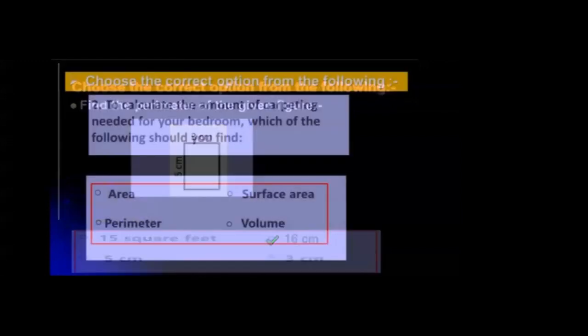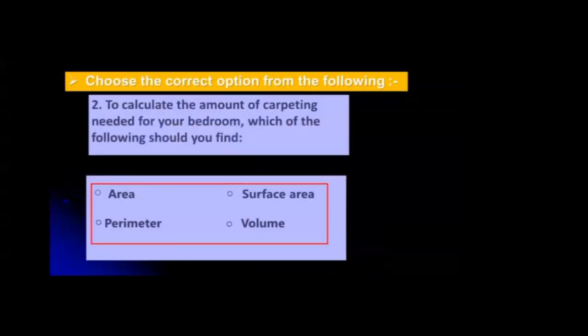Can any other child read the second question? To calculate the amount of carpeting, what should you find? See, if you want to do carpeting, what will you require? Area, perimeter, surface area, or volume? Children, give me the answer.